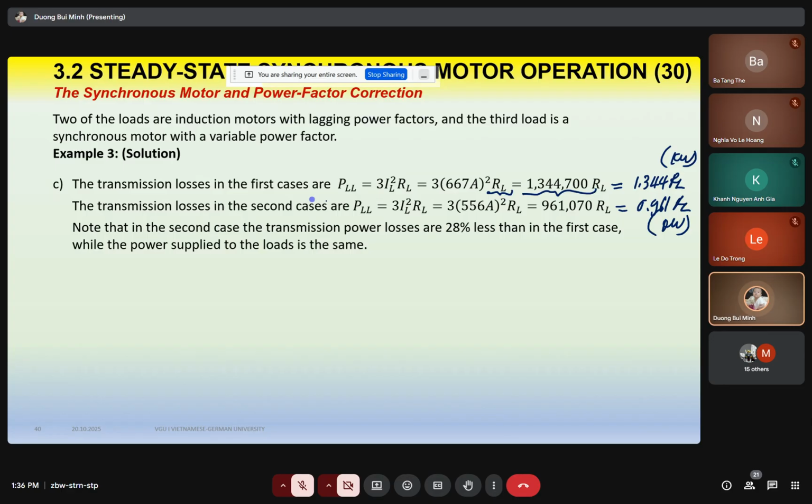So for the second case, that's question B, because synchronous motors operate at lead-in, we can reduce the power loss from 1.344 RL to become 0.961 RL kilowatt. Yeah, this is example 3.